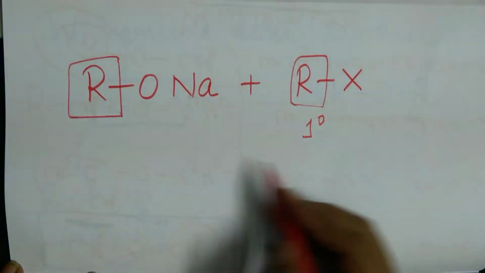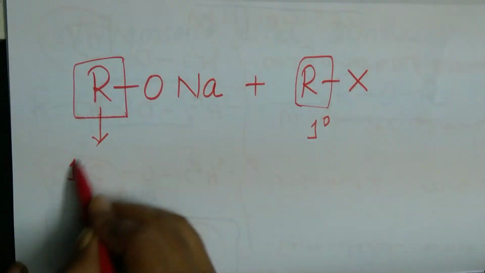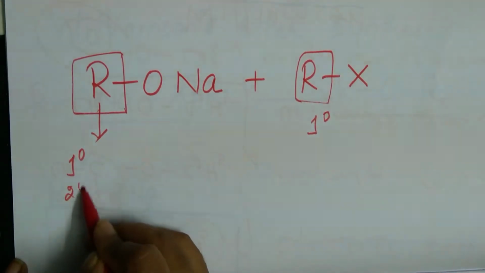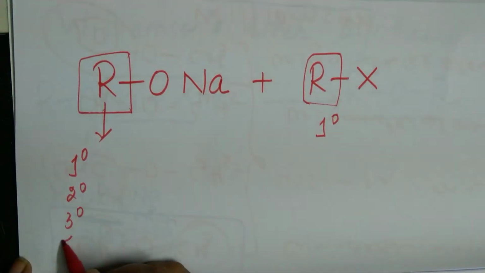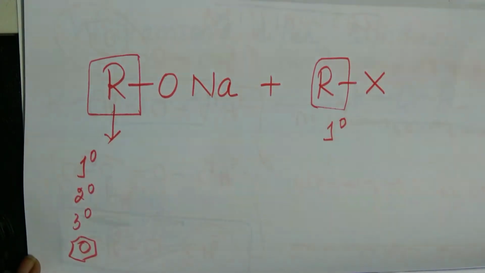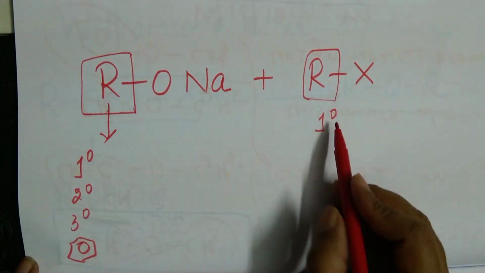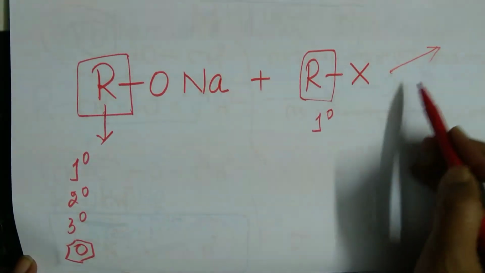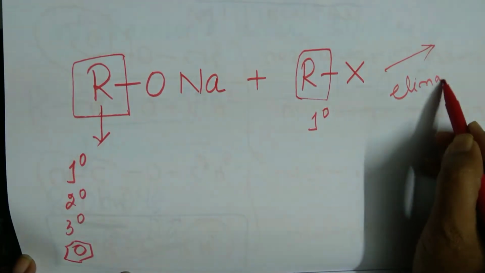So this R can be primary, secondary, tertiary, or a phenyl group. What happens if I change this R? It will lead to elimination reaction.